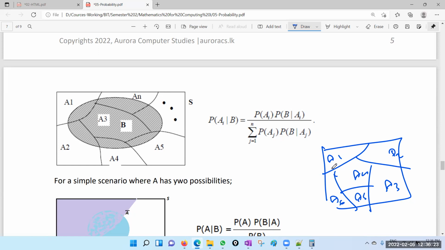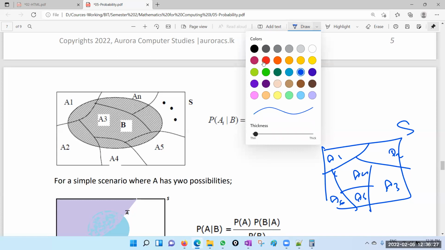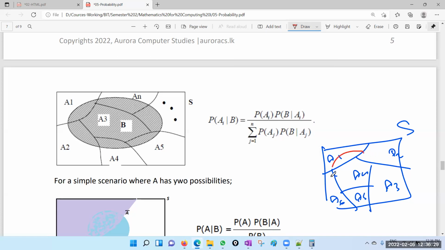It must have covered everything, the entire sample space. Then you must have another event B. Then they will ask what is the probability of A1 happening given B has happened, or what is the probability of A2 happening given B has happened.